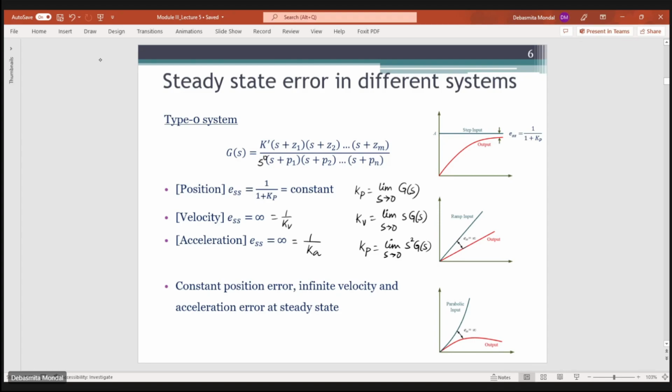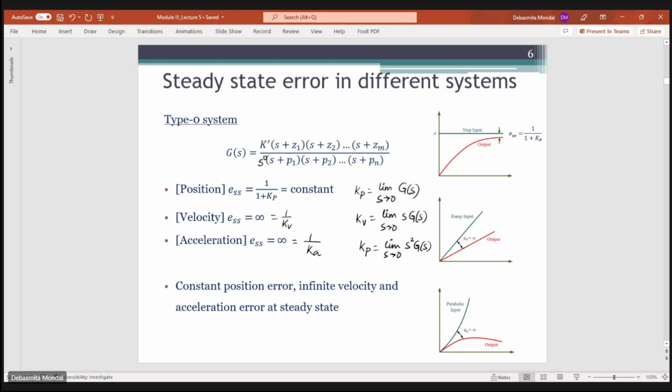In case of a ramp input, the steady state error keeps on increasing, and at t equals infinity there will be infinite steady state error, because the input and output are diverging from each other. With time, the difference between the input and the output is increasing. Similarly, in case of a parabolic input, the output is not following the input properly. It is diverging away from the input, so the steady state error will be infinity.